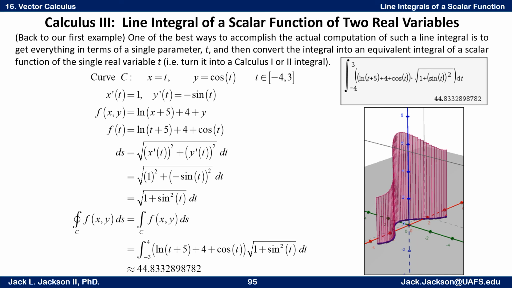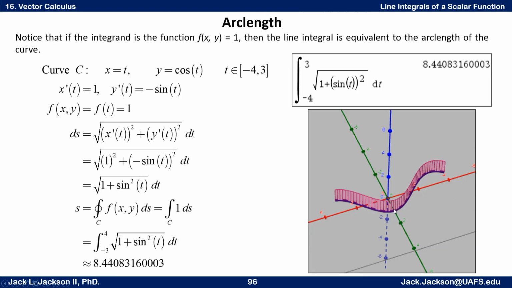Now, if you'll notice something, if we let the wall be of height 1 all the way across, that is, we just replace this function f of xy with the function 1, then this integral would become the area of that fence. But if it's height 1, the area of the fence is the length of the base times the height.